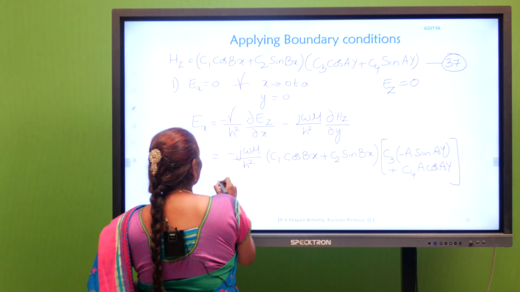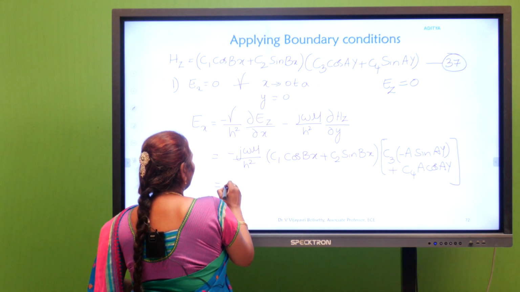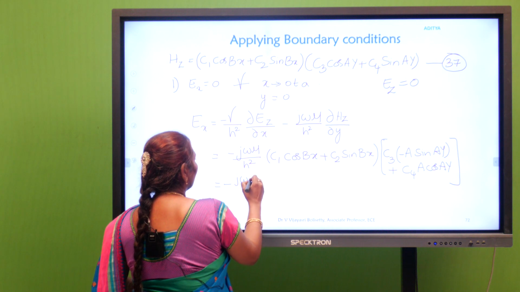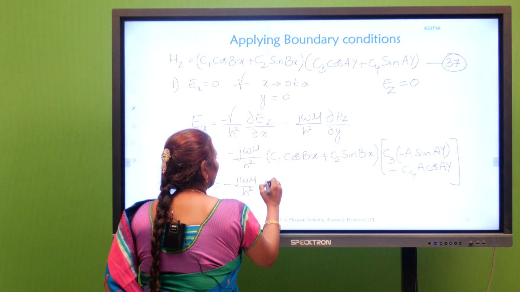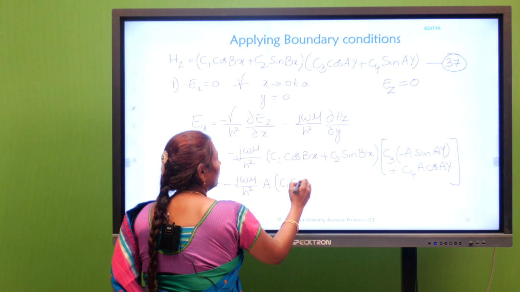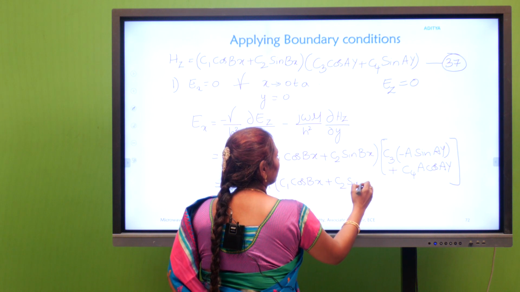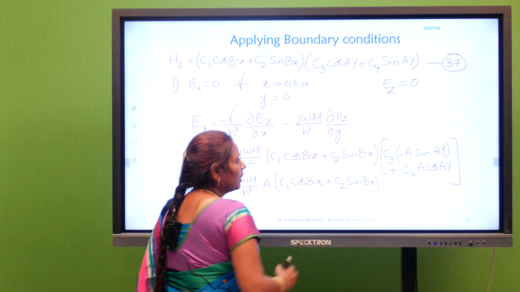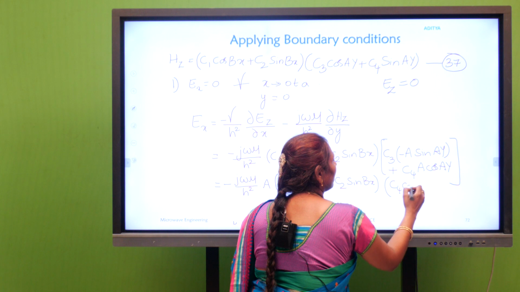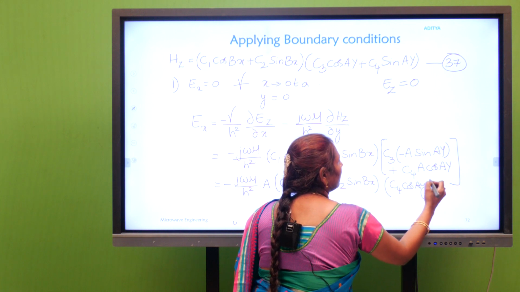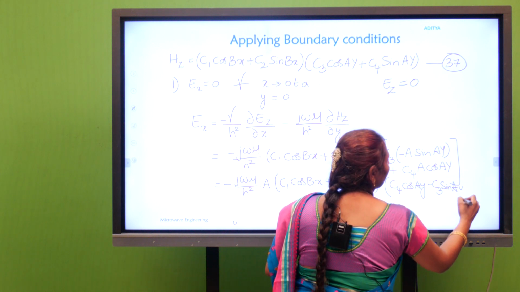So a is also a constant and comes out, and we can write it as minus j omega mu by h square into a into (C1 cos bx plus C2 sin bx) into (C4 cos ay minus C3 sin ay).